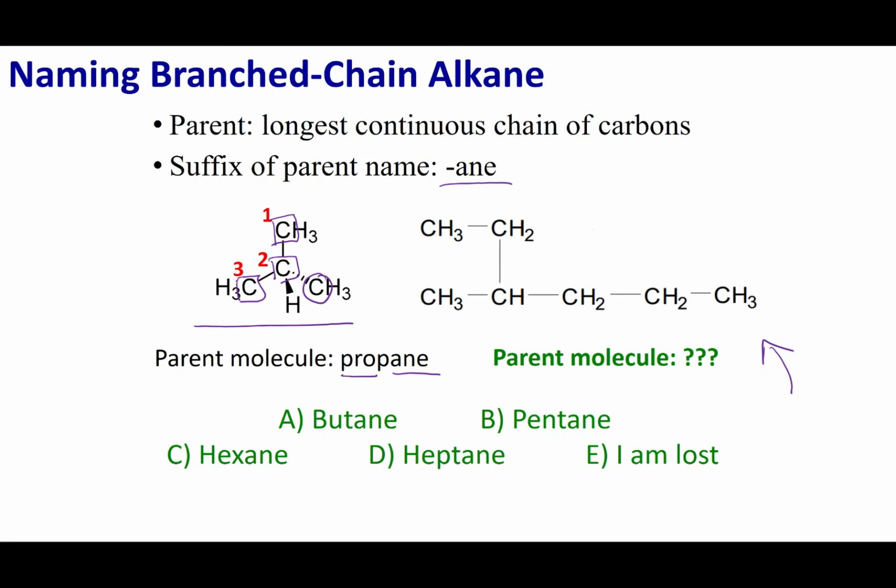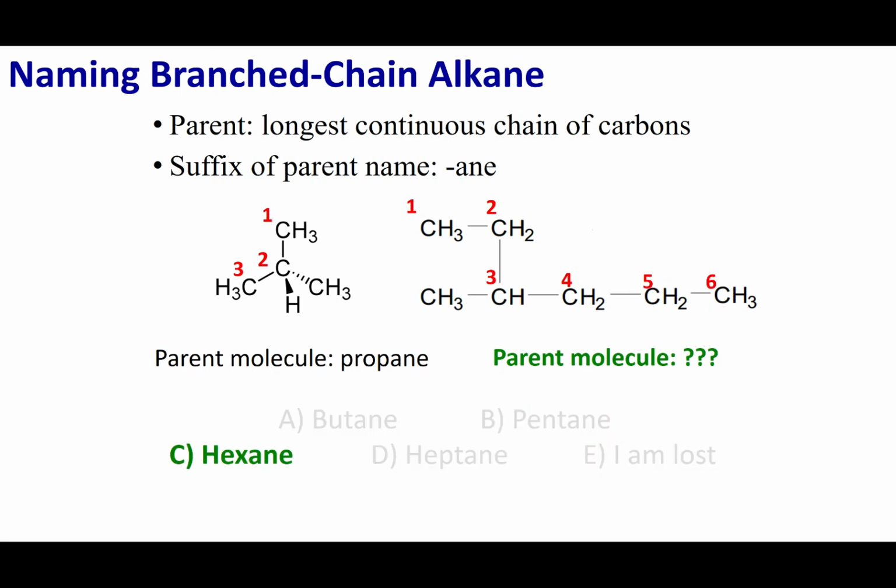So why don't you take a look at this molecule right here and tell me what is the parent molecule? What some of you might have done is look at this from left to right and said this is 1, 2, 3, 4, and 5. I want you to be real careful. Sometimes the way they depict organic molecules is such that they can fit the molecule on the page or highlight some part of the structure, so it is not like reading a book.